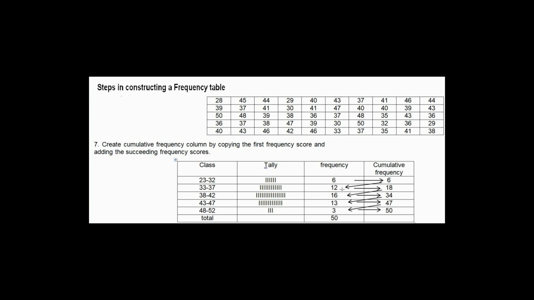So 6 plus 12, then you arrive at 18. Same procedure: 18 plus 16 is 34. Next, 34 plus 13 gives 47. 47 plus 3 gives 50. That's how you create your cumulative frequency column.